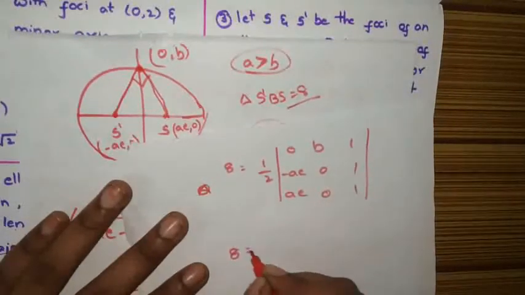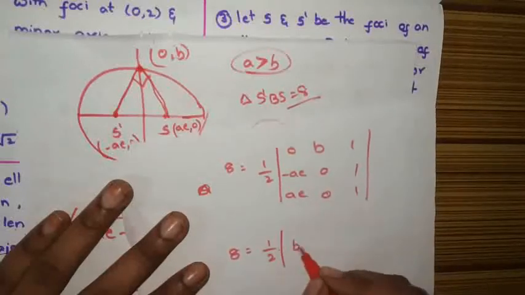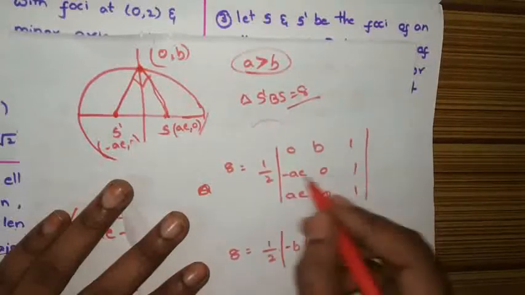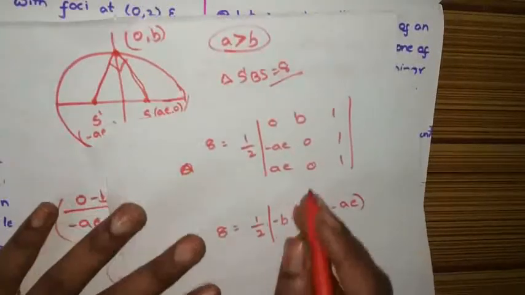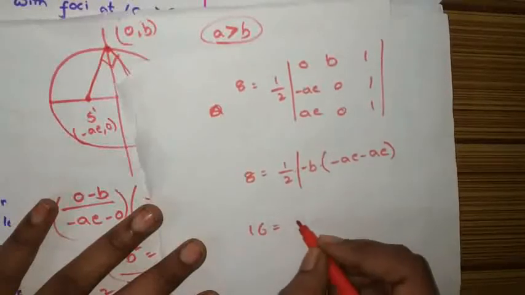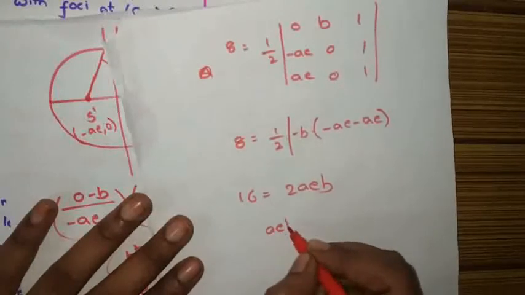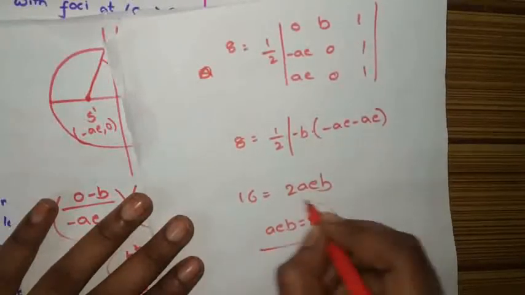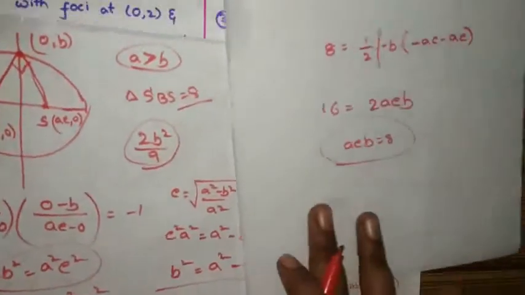Half into what it will be, b of (ae minus minus ae). Then it will become 16 is equal to 2aeb, and aeb is equal to 8. This relation you got.